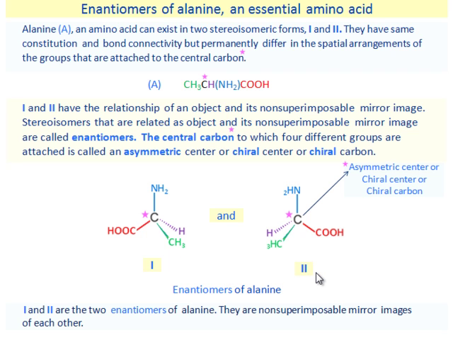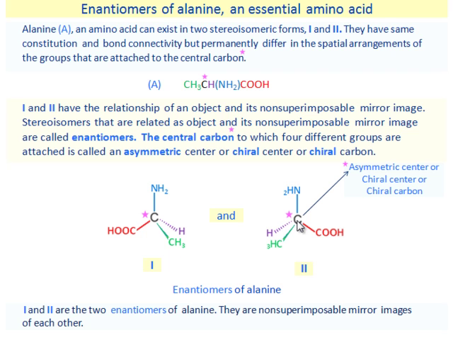They have the same constitution and bond connectivity, but permanently differ in the spatial arrangements of the groups that are attached to this central carbon. 1 and 2 have the relationship of an object and its non-superimposable mirror image. Stereoisomers that are related as object and its non-superimposable mirror image are called enantiomers.